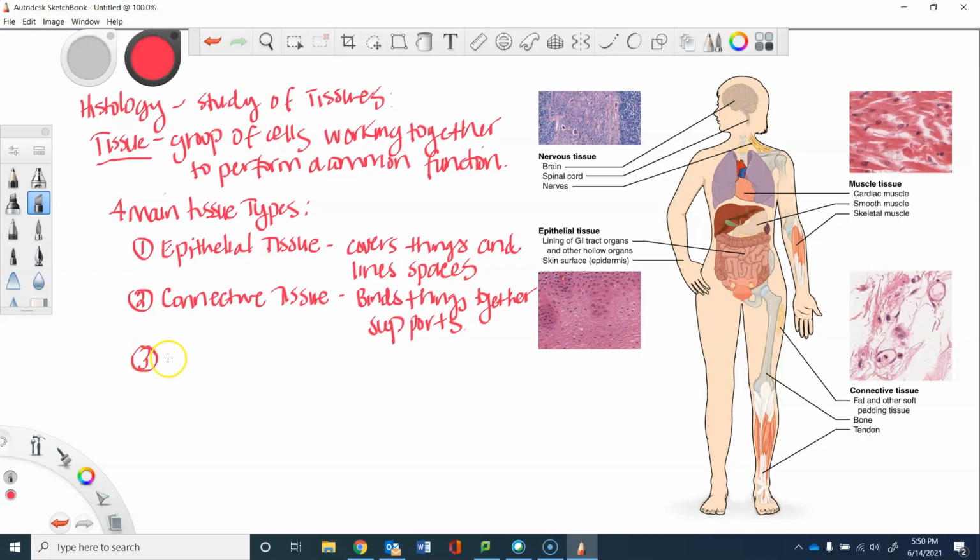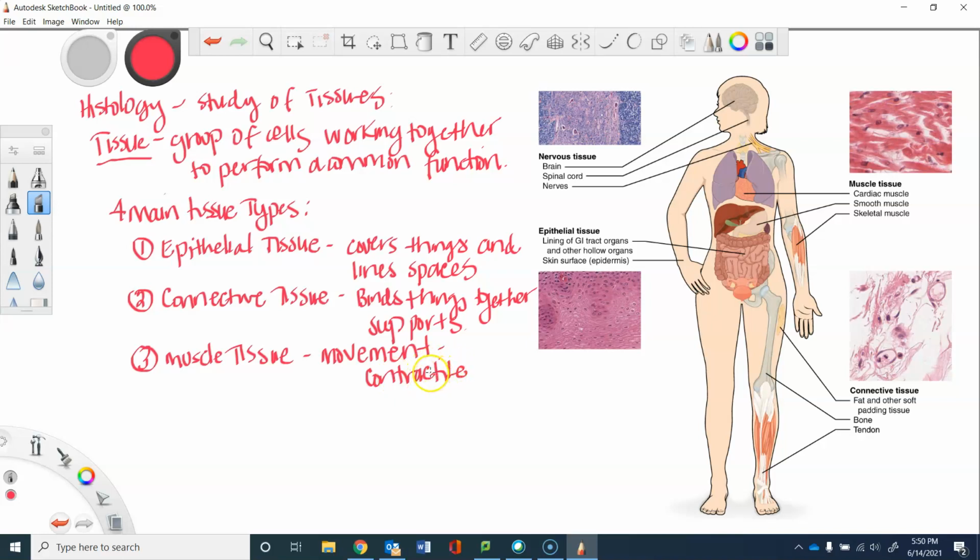Right, the third tissue type is muscle. So muscle tissue, of course, provides movement. This type of tissue has the property of being able to contract.